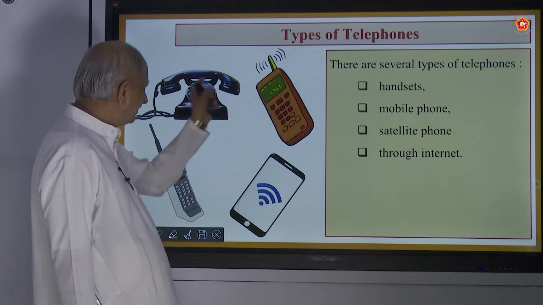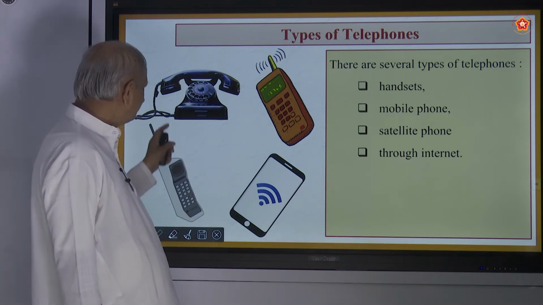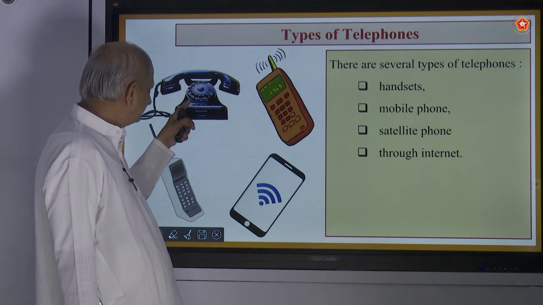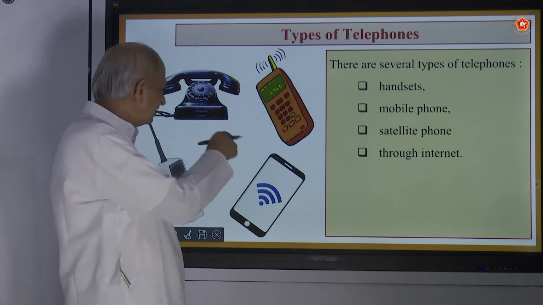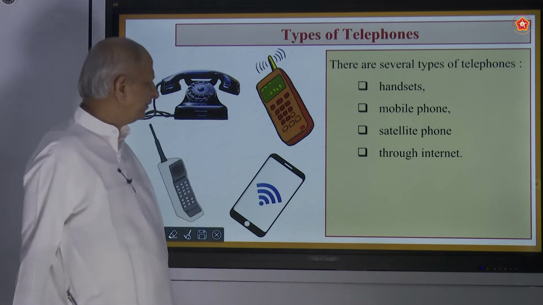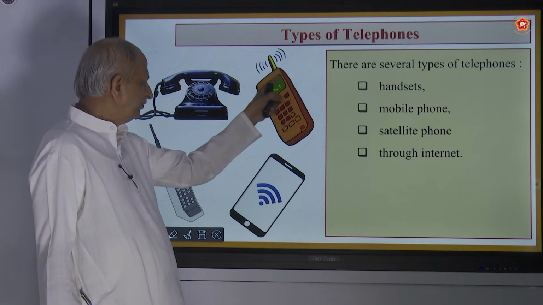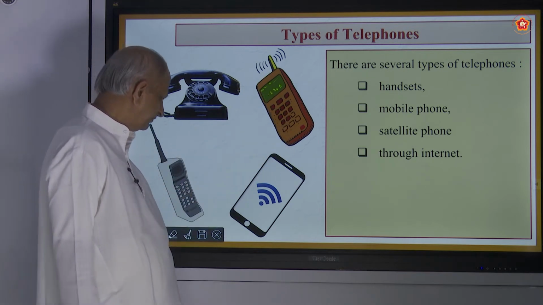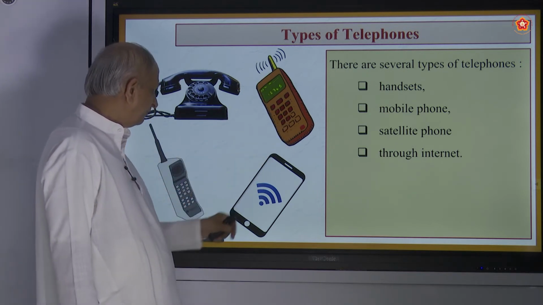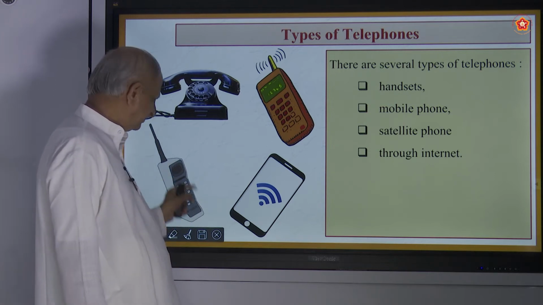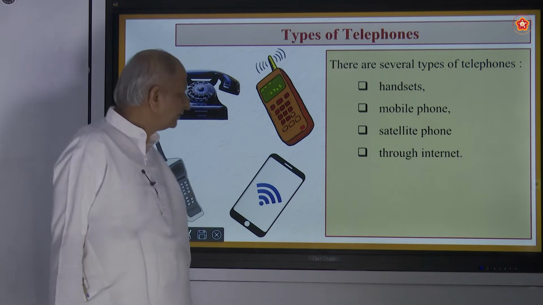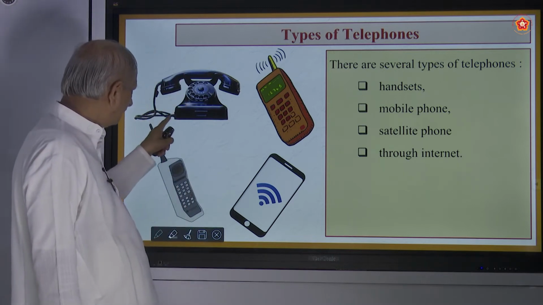So these are some of the telephones you can see here. This is the dial type, with a ring like this and numbers here. Of course, nowadays most people use mobile phones. This is another type of mobile phone, and this is a wireless phone. This is a phone with wire, or cable.